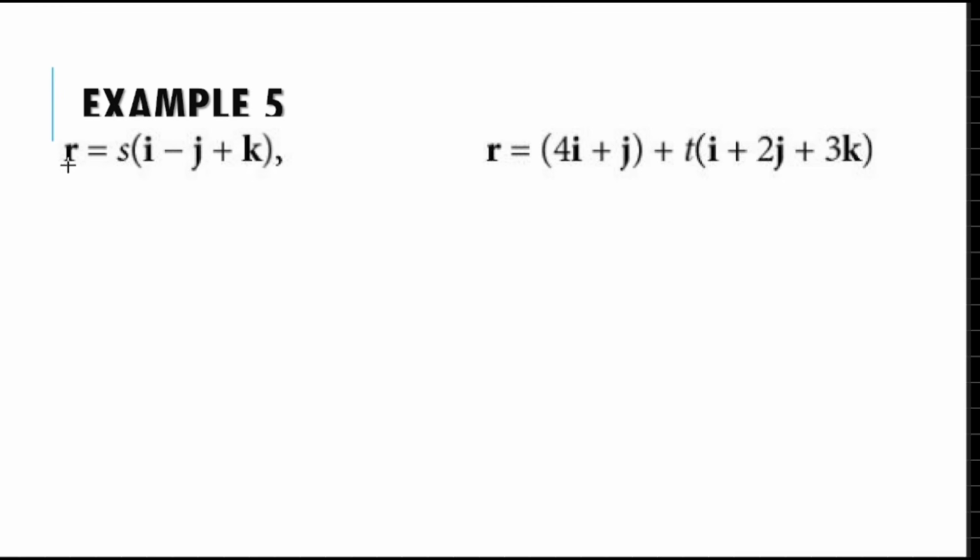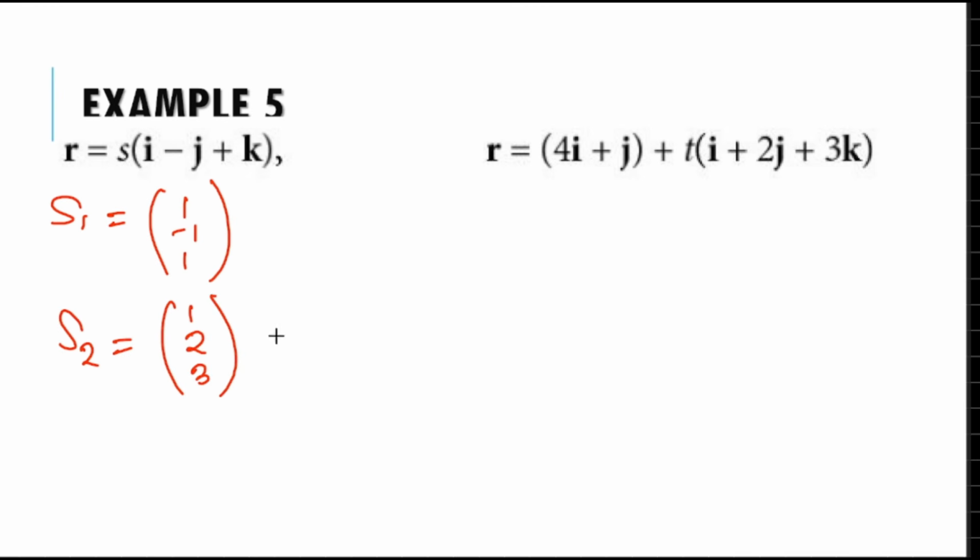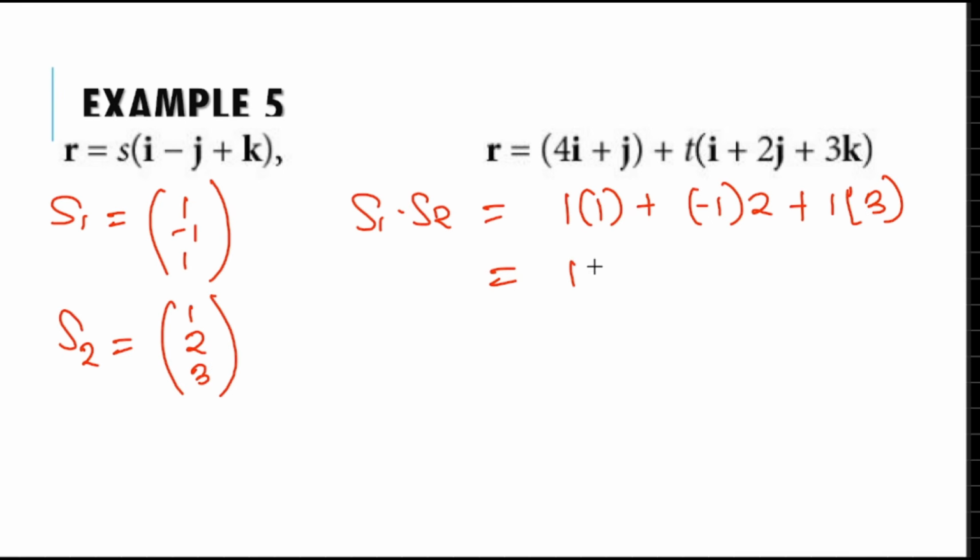Example 5. Let's say we have s1 equals 1, minus 1, 1 and s2 equals 1, 2, 3. So s1 dot s2 equals 1 times 1 plus minus 1 times 2 plus 1 times 3, which is 1 minus 2 plus 3, which is 4 minus 2, and that is 2. This is the dot product.